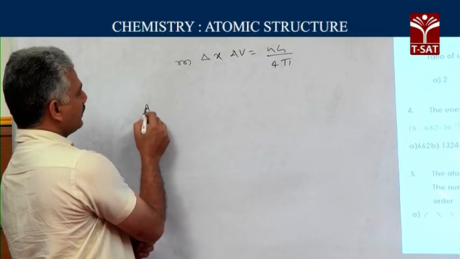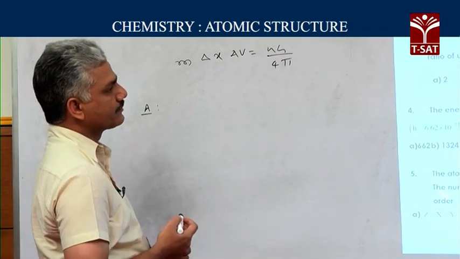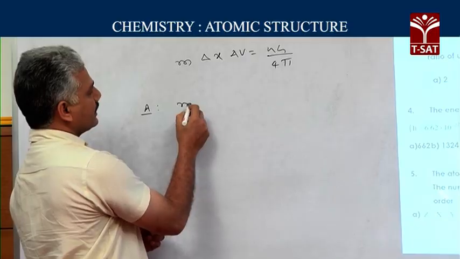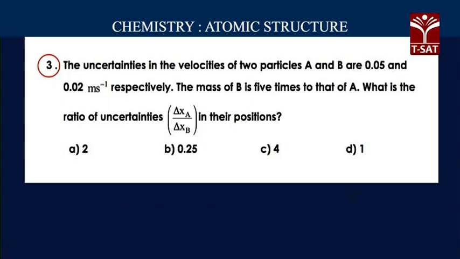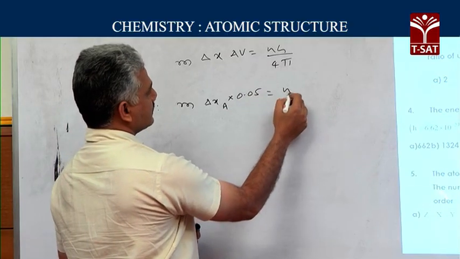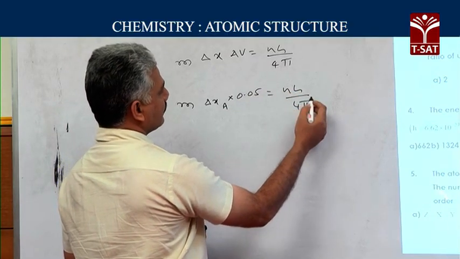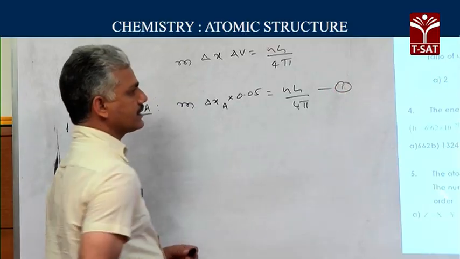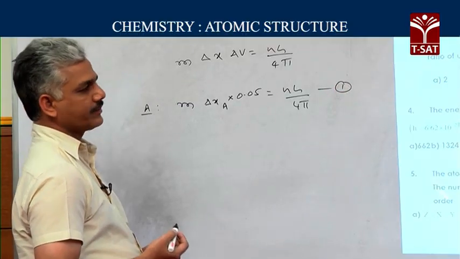For A, if we write m into delta xA, and in place of delta v, value is given 0.05, is equal to nh by 4 pi. Let us call it as equation number 1.